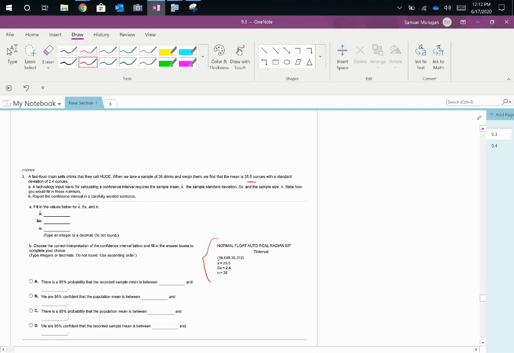Fill in the blanks below. So x bar, again, as a reminder, refers to the sample mean. Okay. And Sx refers to the standard deviation, and the sample size is given as 36 drinks.